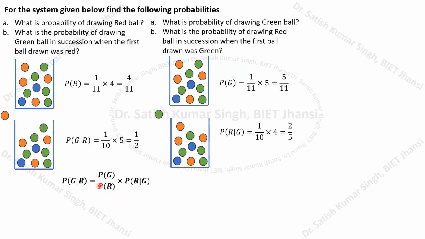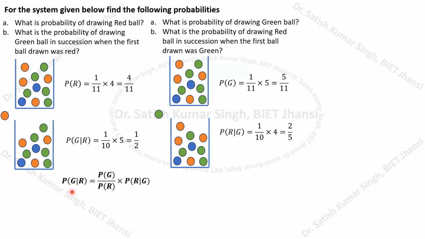If we perform this experiment in reverse order, what is the probability of getting the green ball, and what is the probability of getting the red ball, multiplied with the reverse conditional probability.